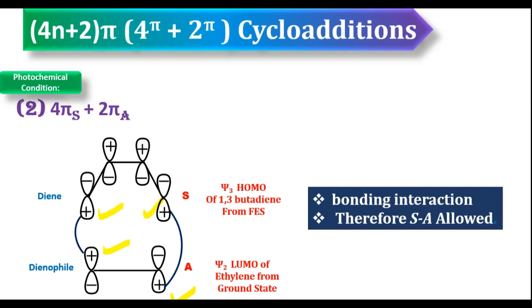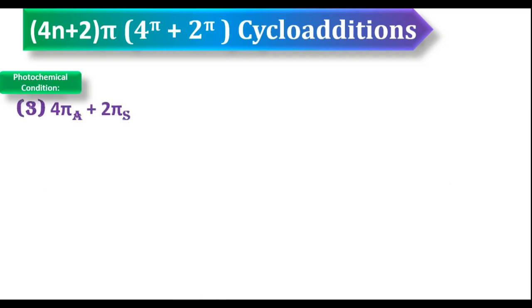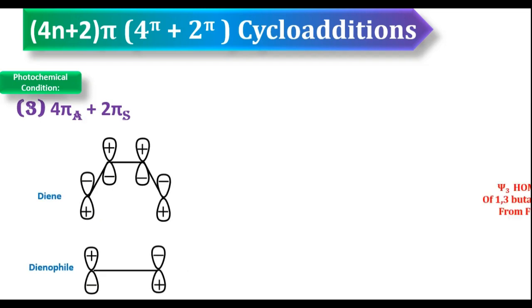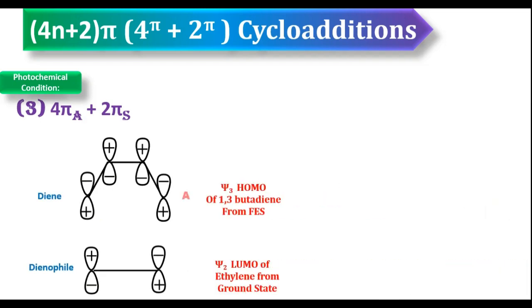Now antra supra mode of addition, that means the reverse. The diene undergoes antra mode of addition, and the dienophile undergoes supra mode of addition. So for that, here I am going to select this and this one.